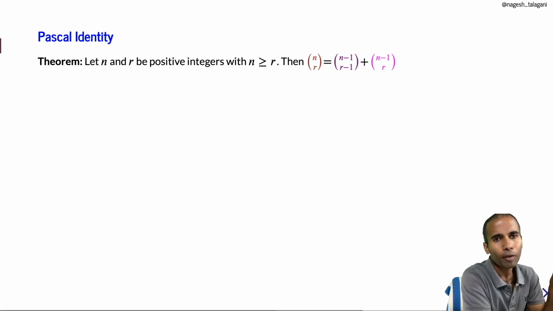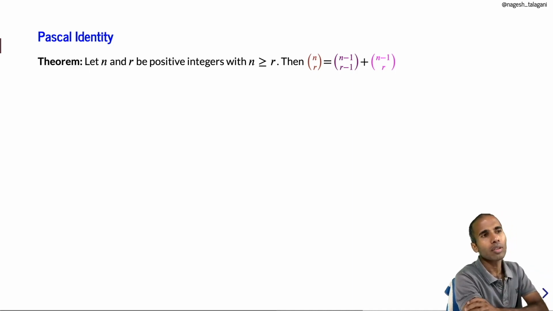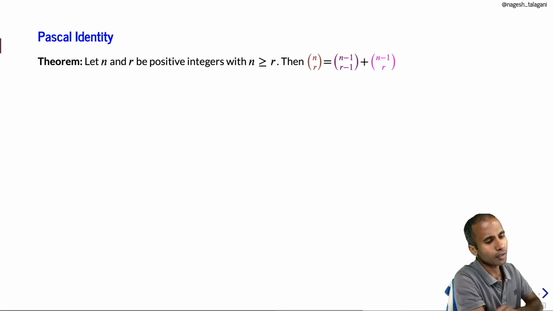The number of groups with CR will be n minus 1 choose r minus 1. The number of groups without CR will be n minus 1 choose r. So the total number of groups is going to be the number of groups with CR plus the number of groups without CR. That's why we have n choose r equal to n minus 1 choose r minus 1 plus n minus 1 choose r.